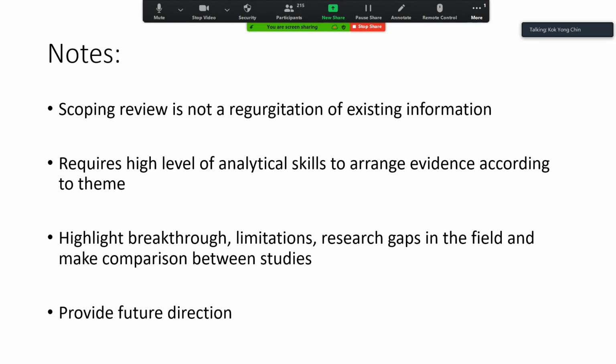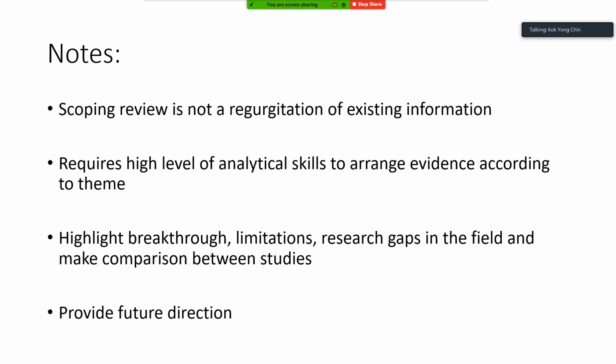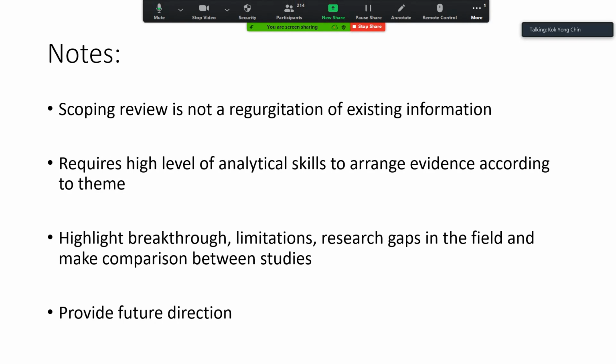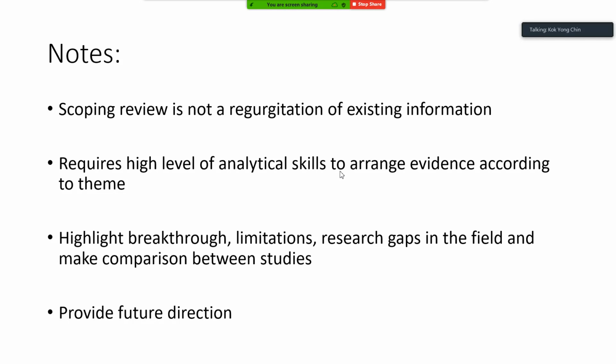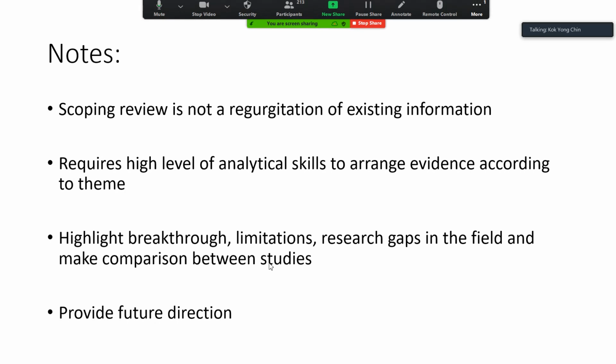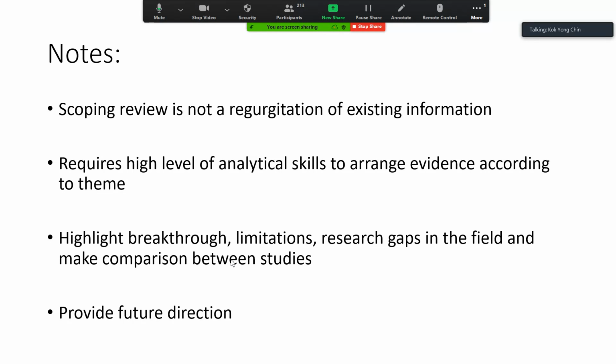That's very important because you want to welcome readers who are new in this field and help them have an understanding of it. So apart from rearranging previous studies into themes, you also need to highlight breakthroughs, limitations, the research gaps in the field, and make comparisons between the studies.